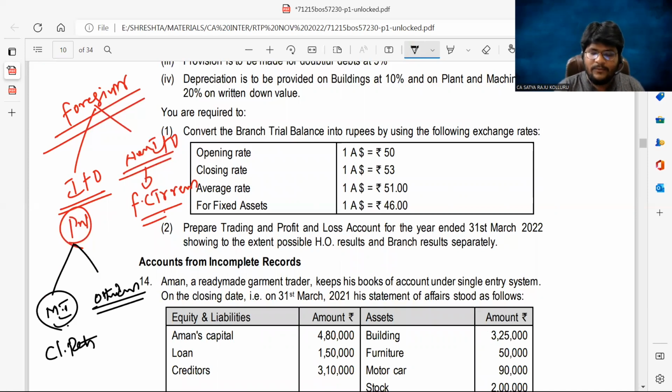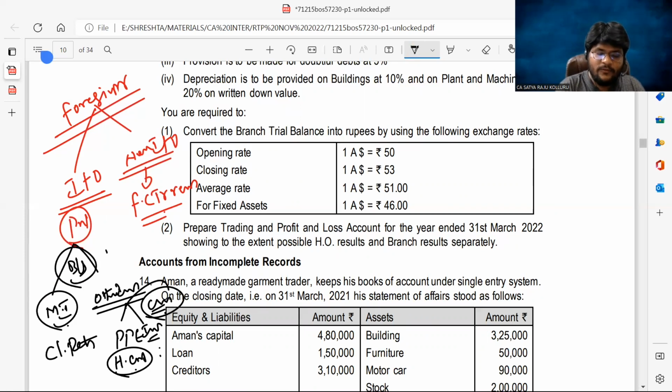For other items, PPE is at historical cost, the rate given as on the date of purchase, and inventory is at the rate given as on the date of valuation. These two rates are specifically usable. For the remaining items, again closing rate, for balance sheet items. For P&L items, always average rate.